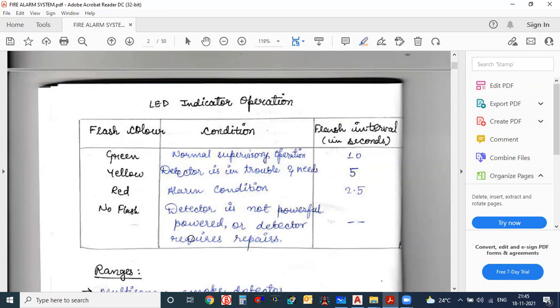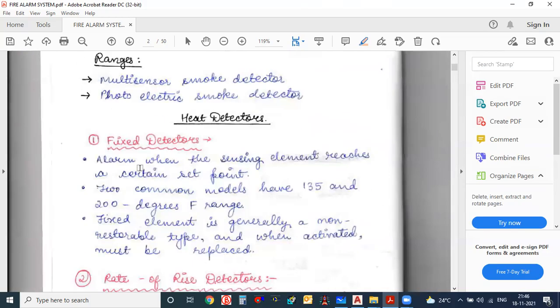No flash means the detector is not powered or requires repair. Suppose the power is not coming, then obviously there is no flash. Here some flash intervals in seconds are written; it will blink for that particular time. So this is the LED indicator operation.